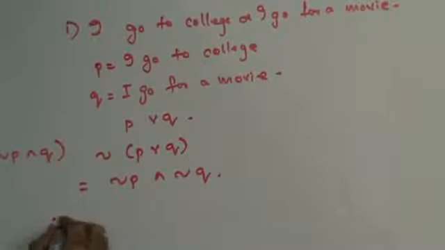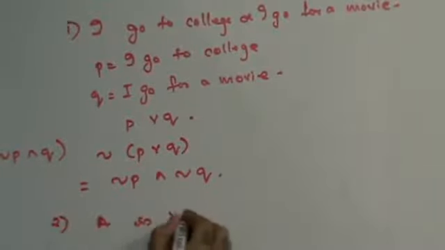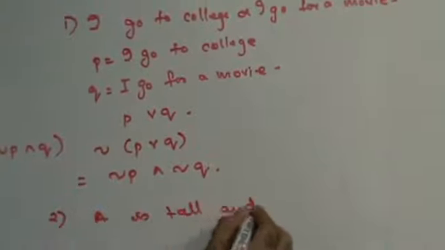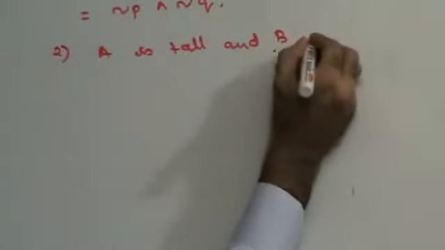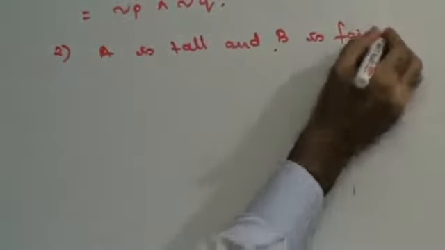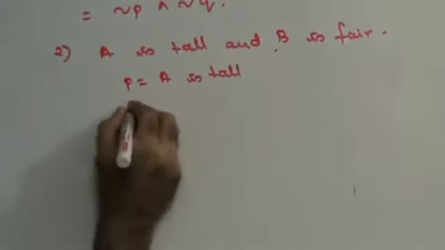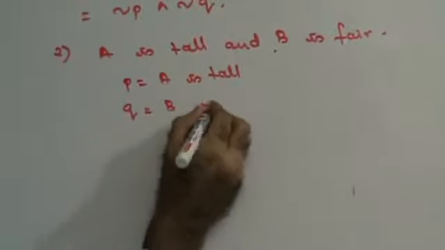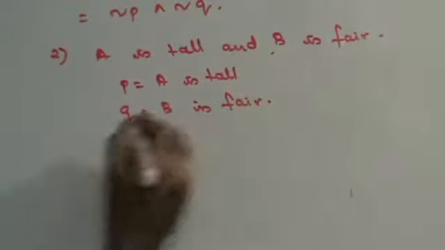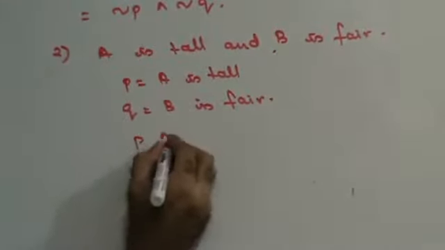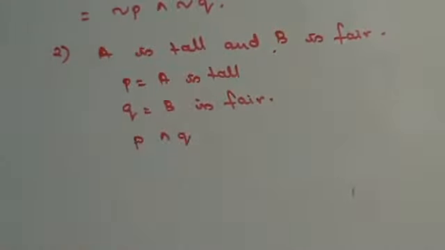Second, A is tall and B is fair. P is A is tall. Q is B is fair. Right? A is tall and B is fair.